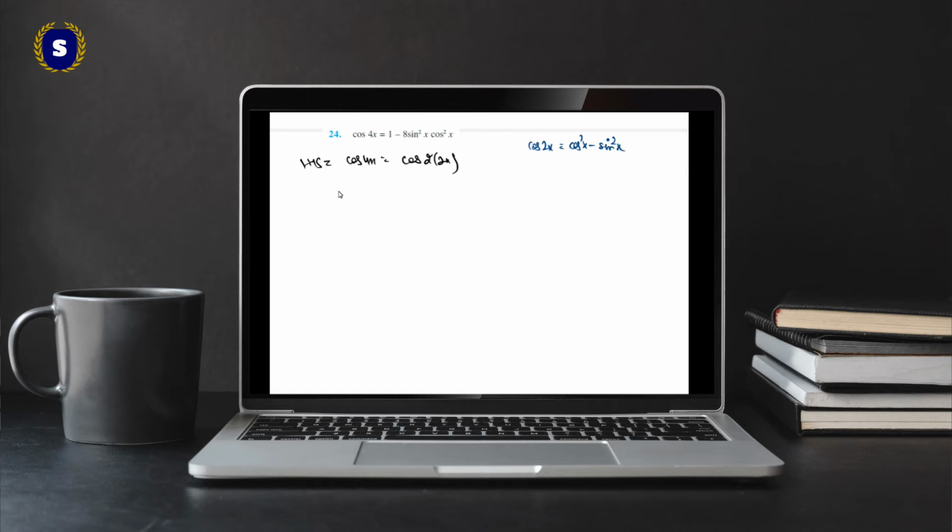So it will become cos square 2x minus sine square 2x. And now we have to use the identity of sine 2x also, which is 2 sine x cos x.